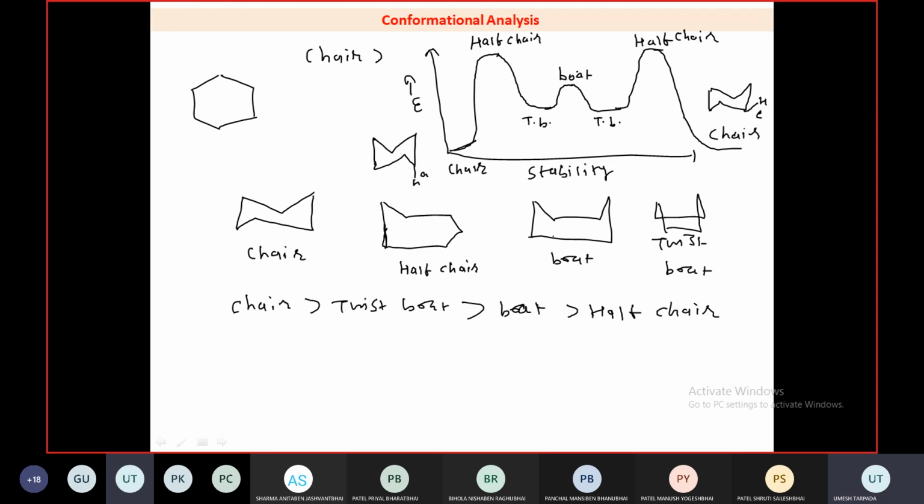See, cyclohexane has different conformations, and what you can do? In the case of cyclohexane, suppose you have a monosubstituted ring, where only one group is there in the cyclohexane, like tertiary butyl or whatever. Two positions are there in cyclohexane: this position is equatorial and this is axial.